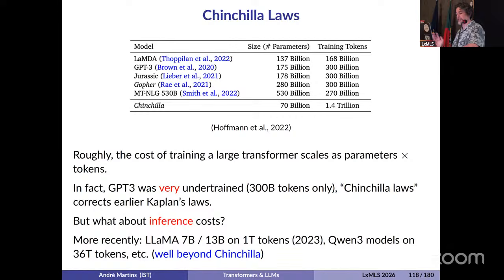To put things in perspective, Llama, which came a little bit later, was a much smaller model, 7B and 13B in the first version, and it was trained on 1 trillion tokens, which is 3 times more than GPT-3, even though the model is much smaller. And if you look at today's models, for example models from the Qwen 3 family, they were trained on 36 trillion tokens. So the current tendency is to overtrain these models, to train on a lot of tokens because they keep improving, and people are not following these Chinchilla laws anymore. But Chinchilla noticed that GPT-3 was already undertraining their models.